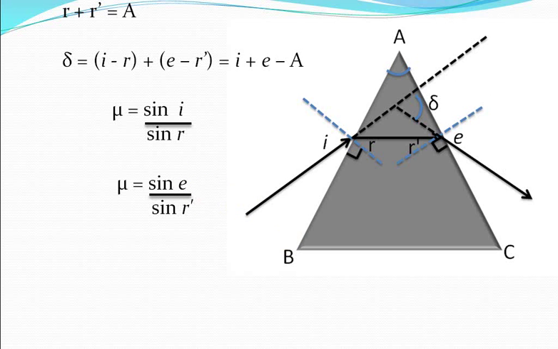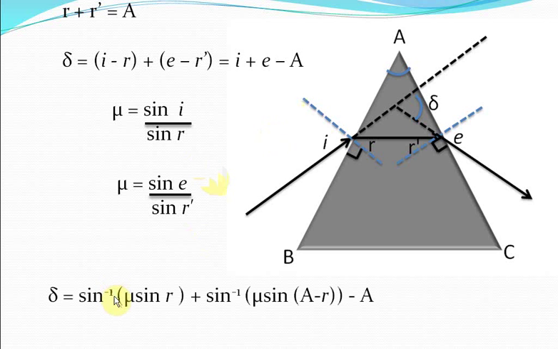Now we've written so many formulae. What are we going to do with them? Let's substitute the values of I and r dash in this expression. So you see, we can write I as sine inverse of mu sin r, right? Similarly, we can write E as sine inverse of mu sin A minus r.